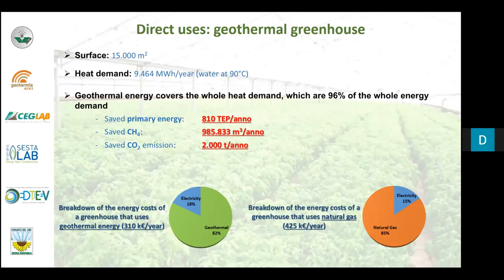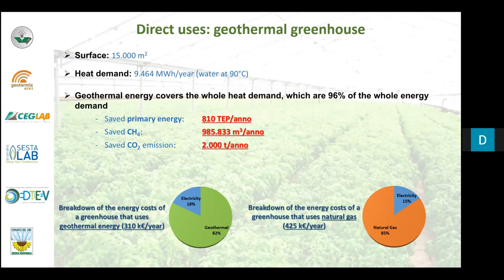For the greenhouse, the geothermal energy can contribute to save the emission of 2,000 tons per year of CO2, because the geothermal energy can allow to cover about 96% of the whole energy demand.